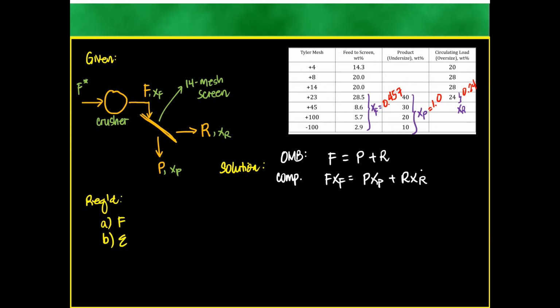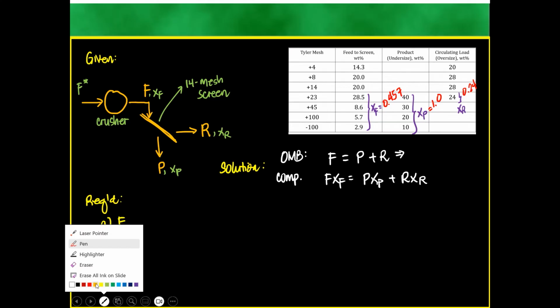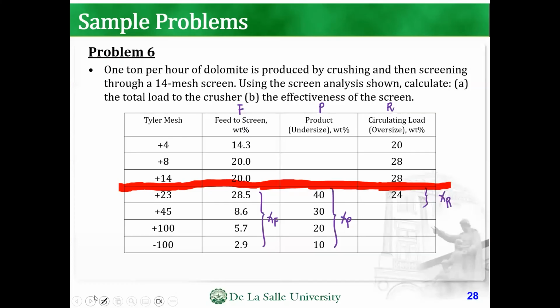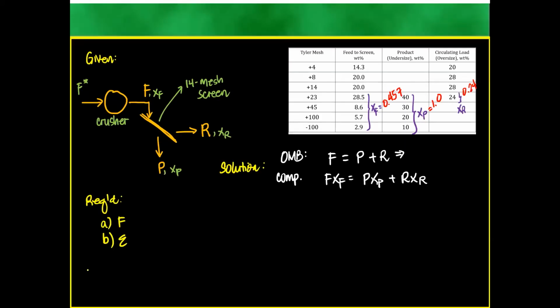With this, what else is given? Are we given any amount? 1 ton per hour is produced by crushing and then screening. So 1 ton per hour of dolomite. I have a question, guys. 1 ton per hour is produced.